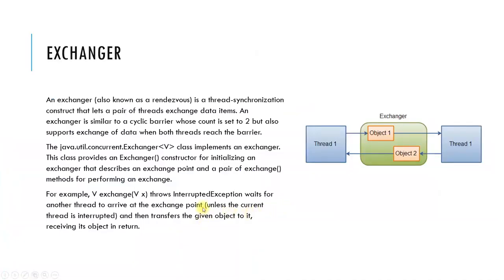Okay, then let's continue with Exchanger. An Exchanger is a thread synchronization construct that lets a pair of threads exchange data items. An Exchanger is similar to a CyclicBarrier whose count is set to 2, but it also supports exchange of data when both threads reach the barrier.